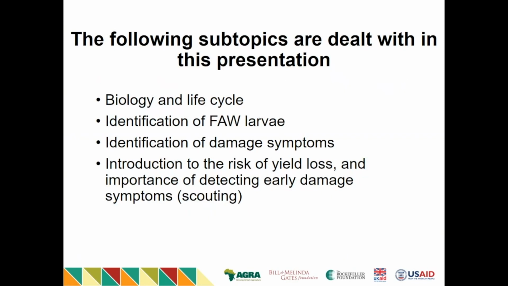First, the biology and life cycle of fall armyworm, then identification characteristics, identification of damage symptoms, and then I want to put this all into context and say why it is important to be able to identify damage and the larva itself and know its biology, because it leads to improved risk assessment and decision making.